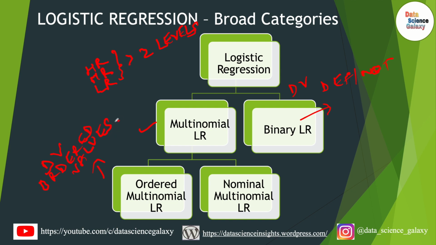When the dependent variable has ordered values, you would look at applying specifically ordered multinomial logistic regression. When your dependent variable has unordered values or categories, particularly then you will apply what is called nominal multinomial logistic regression. I think everybody should be crystal clear about that.